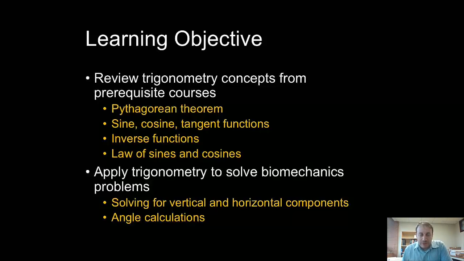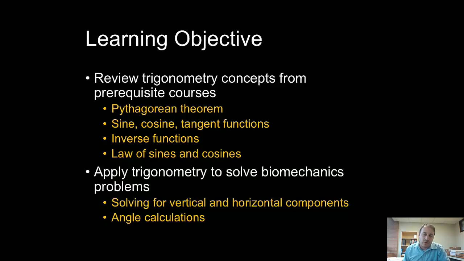So to review, the learning objectives of these tutorials were to review trigonometry concepts you learned in prerequisite courses. And we talked about Pythagorean theorem, we talked about the sine, cosine, tangent functions, as well as their inverse functions for solving the lengths and angles of right triangles.